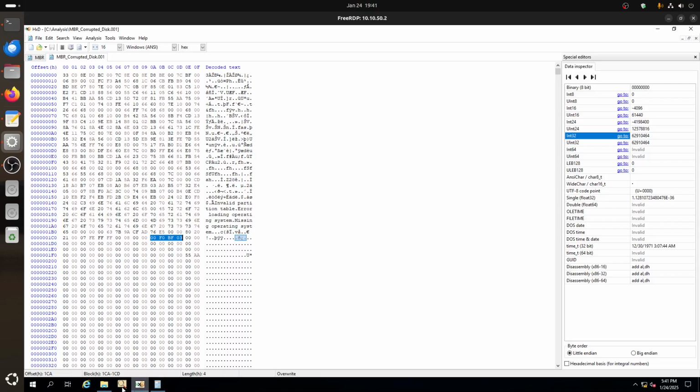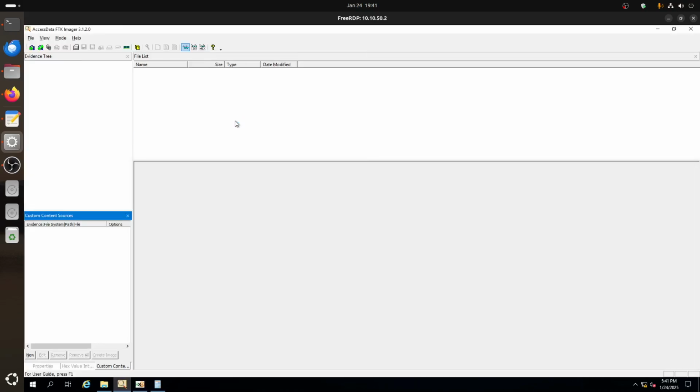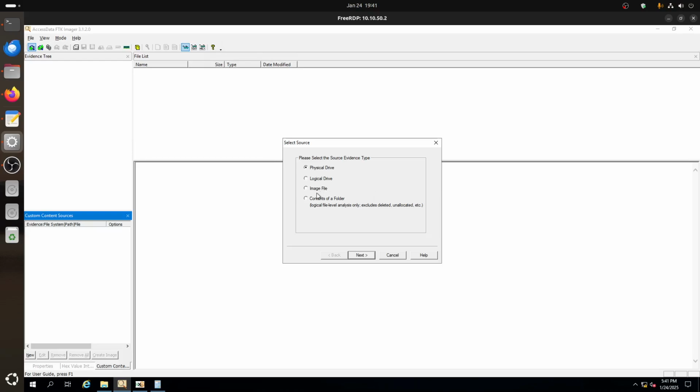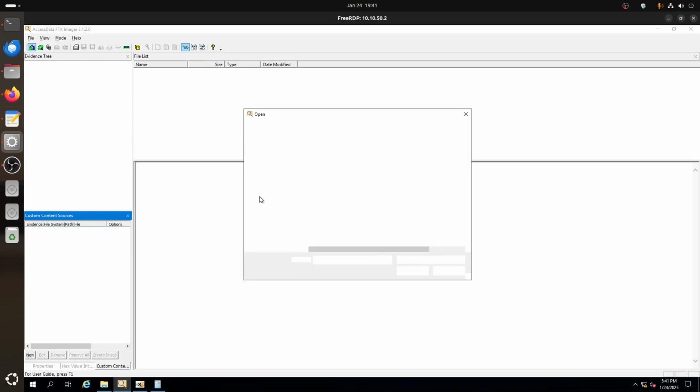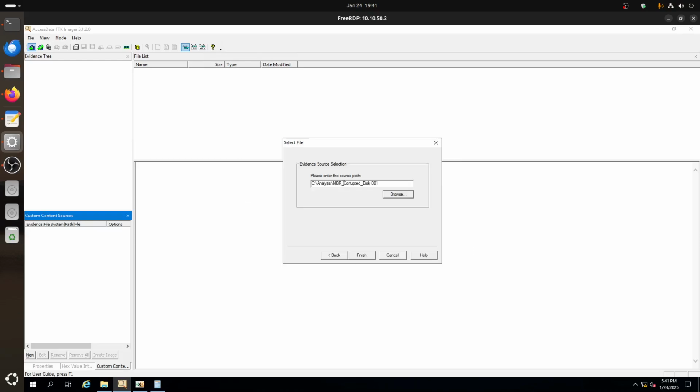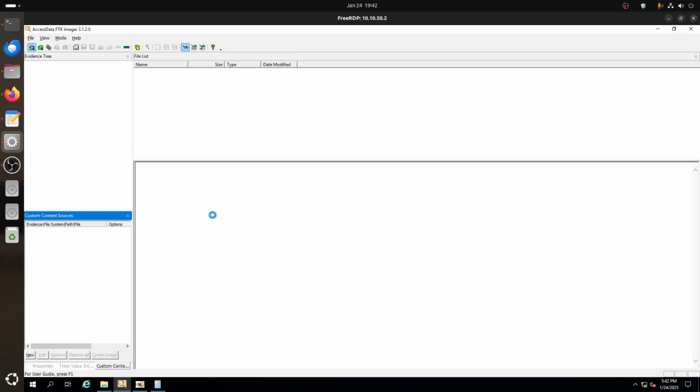Let's do this quickly. Because we fixed it, so we saved that, we can add the FTK image to open it now. We go to image file, next, browse. Where is it? We fixed that one, so we can do finish.